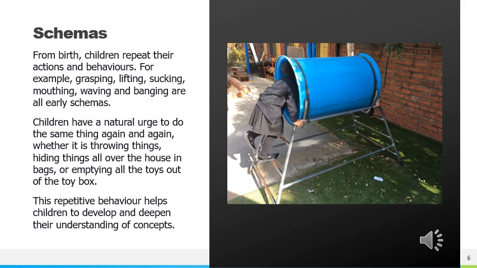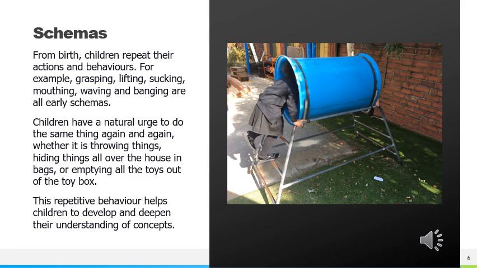Children have a natural urge to do the same thing again and again, whether it is throwing things, hiding things all over the house in bags, or emptying all the toys out of the toy box. This repetitive behaviour helps children to develop and deepen their understanding of concepts.